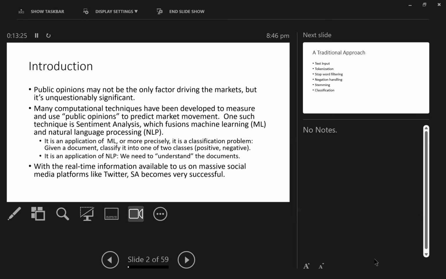automate this process. It needs to involve two different areas of AI. The first area of AI is machine learning or supervised learning. Okay, that we do.